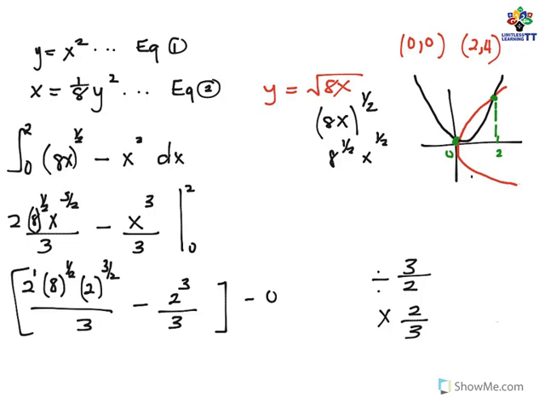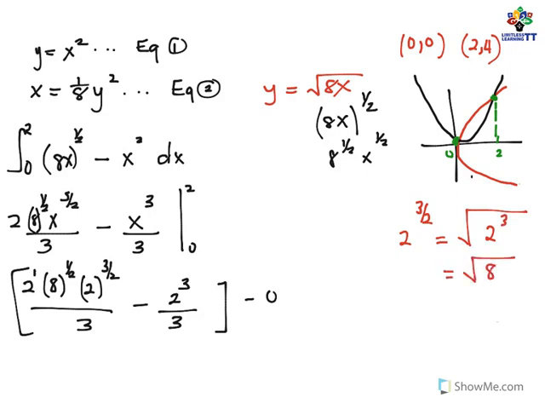Actually, I am going to choose to do a little bit of this on this side, just so that you understand where I'm going. Rules of indices, right? 2 to the power of 3/2 is the same thing as the square root of 2 cubed. 2 cubed is the same thing as 8. So this is the square root of 8. We also know that 8 to the power of a half is the same thing as square root of 8.